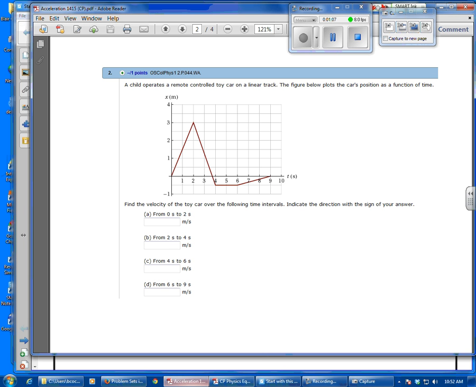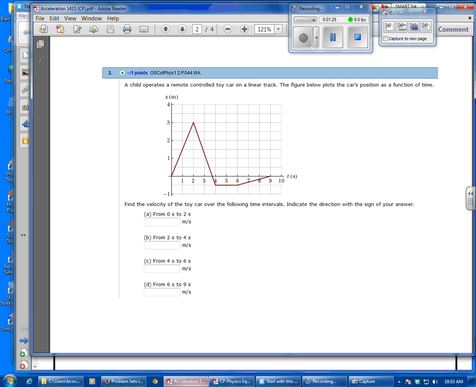And then, if you look, the questions are all about the velocity of the car. What's velocity related to? What is velocity? The rate the position changes.